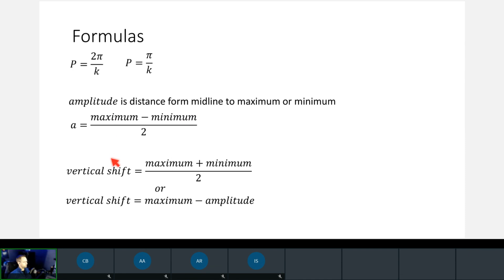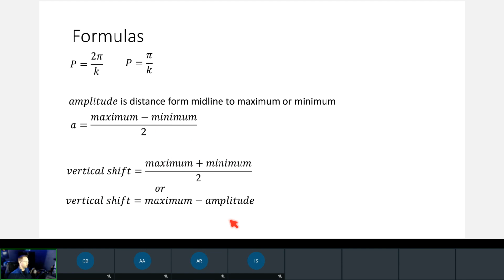Vertical shift. I derived two formulas. There's probably more than just two, but these are the two that came the easiest to me. Vertical shift, you can find that by taking the maximum and then adding the minimum. See how they're different. This is subtraction, this one's addition. It makes a world of difference. So the max plus the min, and then divide that by 2.